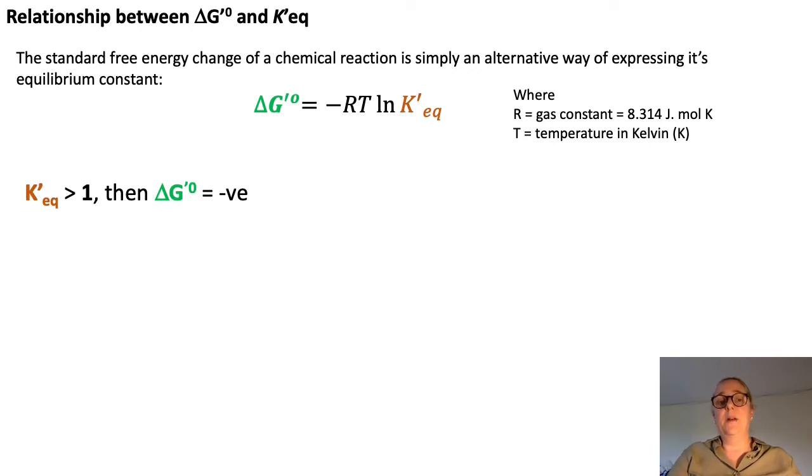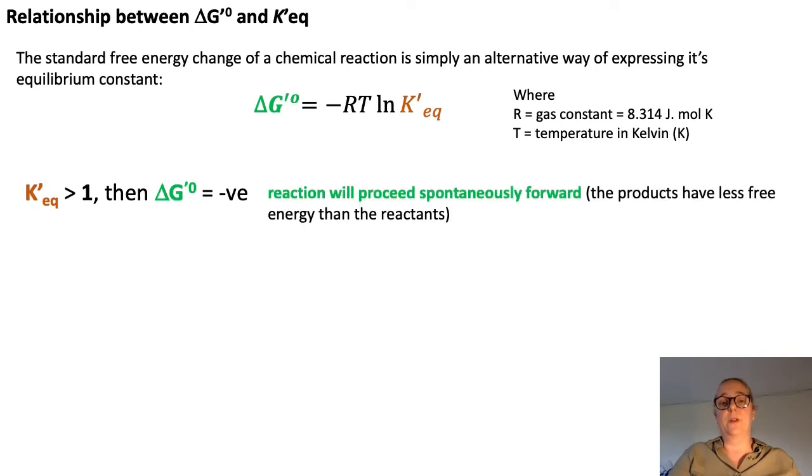When the equilibrium constant is greater than 1, the delta G is in the negative range, so the reaction will proceed spontaneously forward, moving forward through that equilibrium, and the products have less free energy than the reactants.